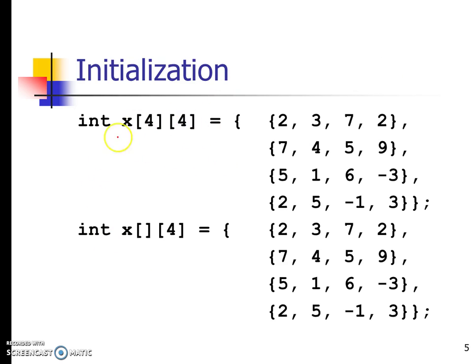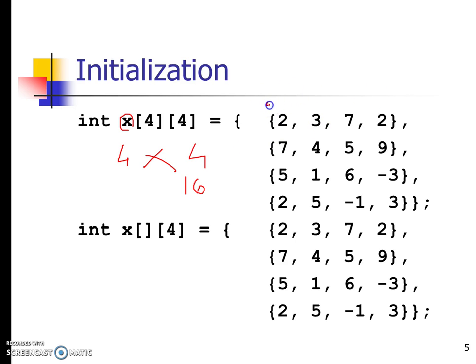For example, in this slide we are initializing the array elements. We have an array with the name X, which has 4 rows and 4 columns. That means we have a total of 16 elements, right? So this specifies the first row.